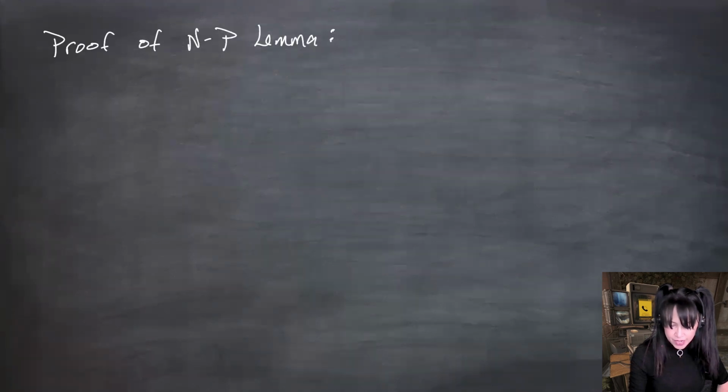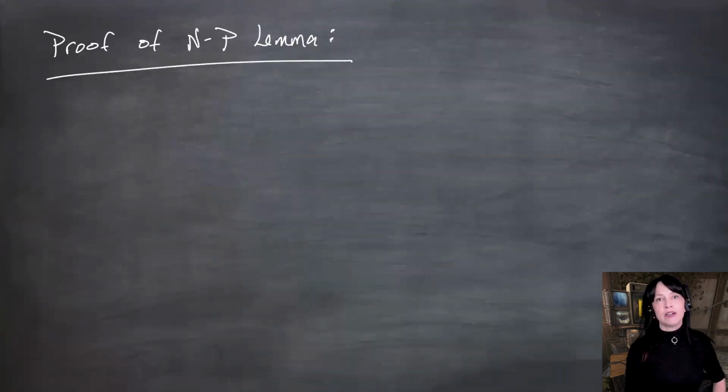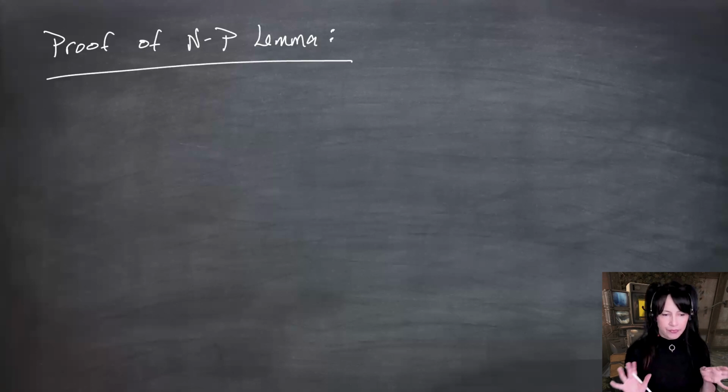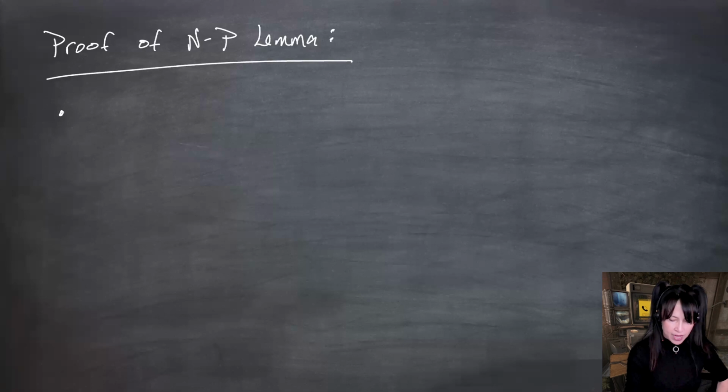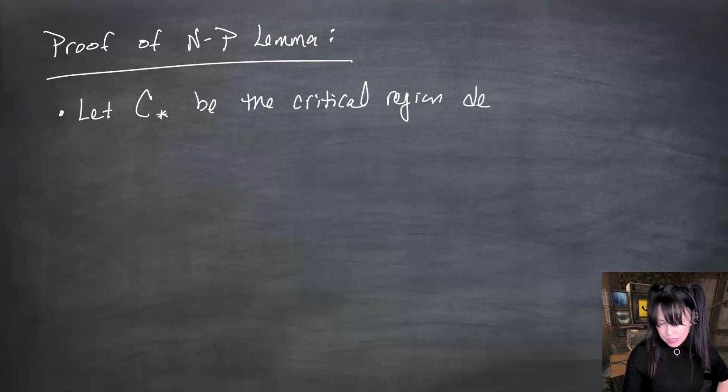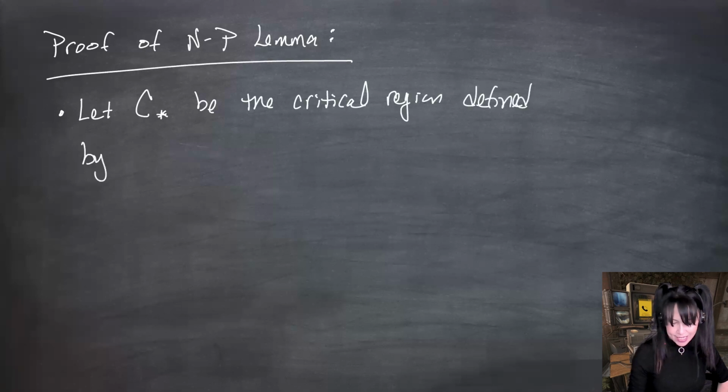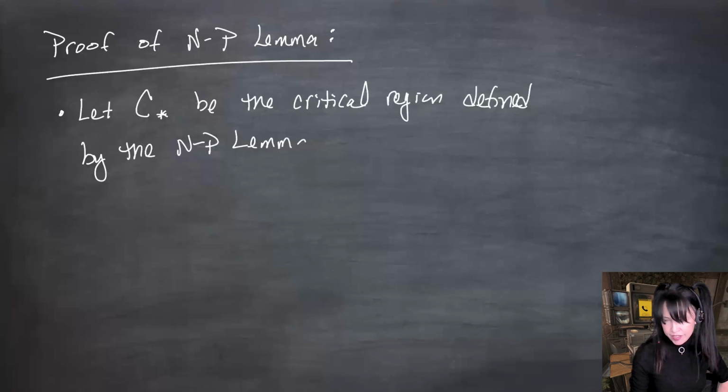Okay, any difficulty you might have in this proof is going to be purely based off of notation, and it's going to take a while to sink in. So just know that you're going to be okay. I'm going to let C star be the critical region defined by the Neyman-Pearson lemma, which said form that likelihood ratio and reject if it's less than or equal to some k.